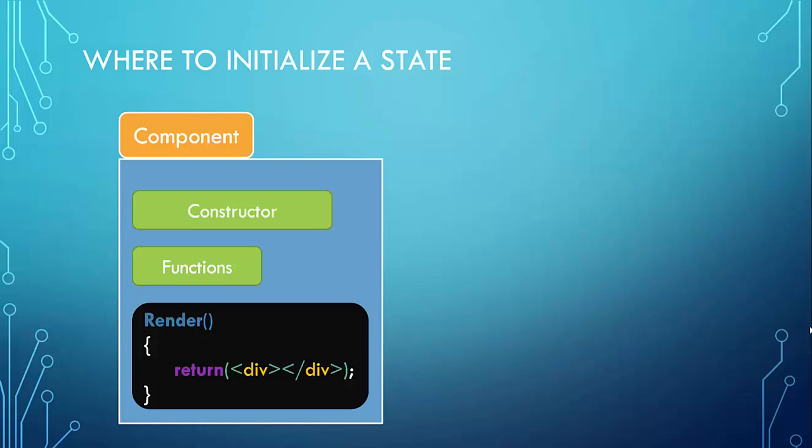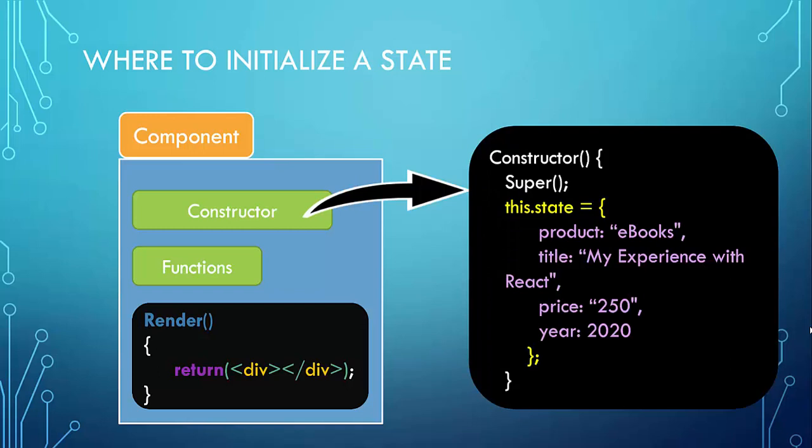Inside our component, we have a constructor, we have a render method, and between them, we can have logic functions. The React built-in state is accommodated inside the constructor, and you can see the yellow highlighted state block over here.